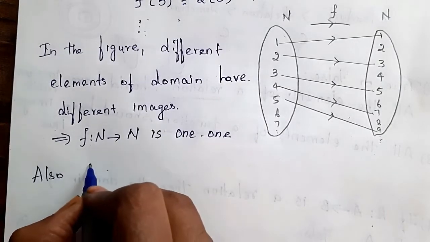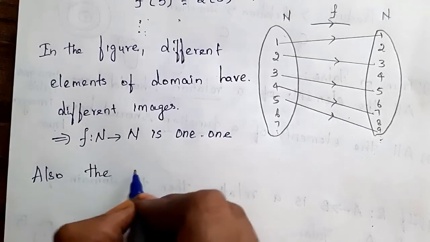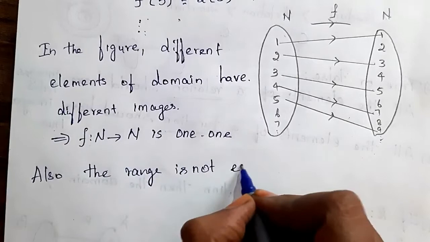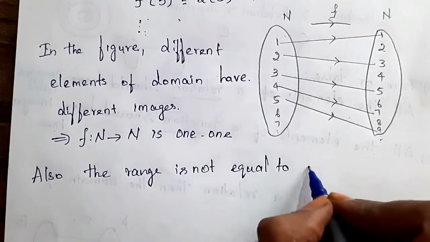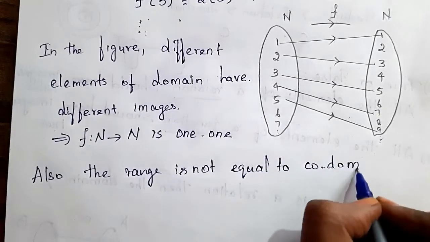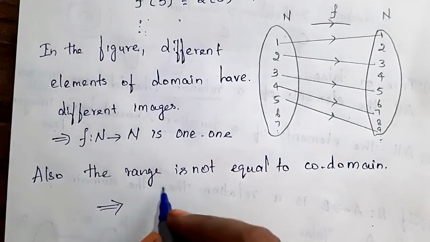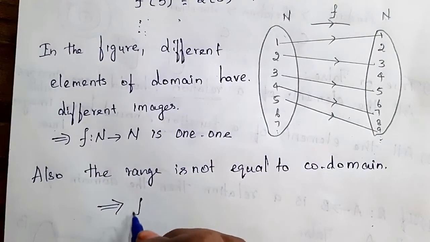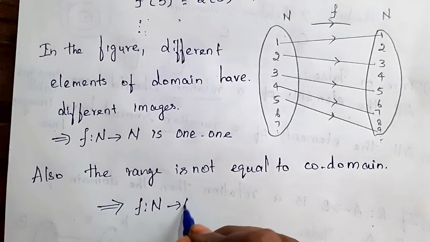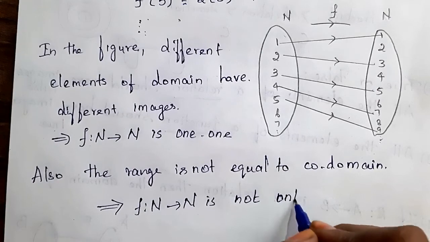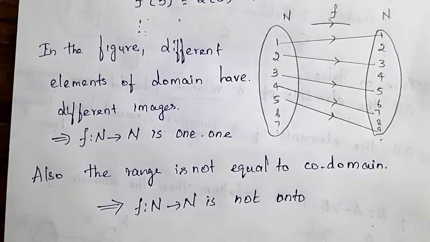Also, the range is not equal to the codomain. So that implies we can conclude that f from N to N is not onto. Clear?